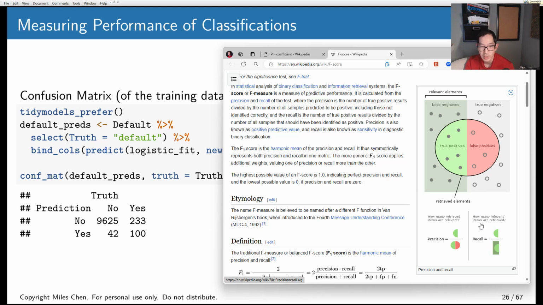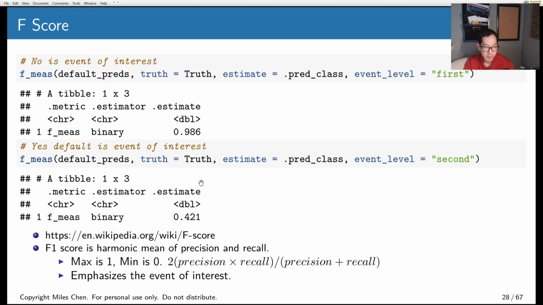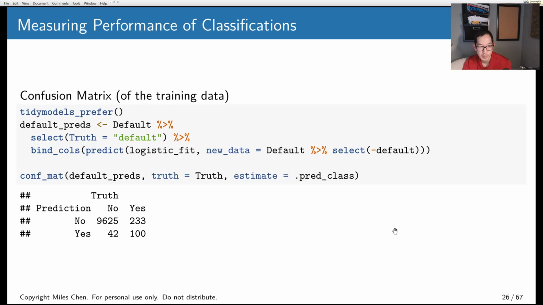That's going to be your recall, okay. And so that gives us your F score, 0.986. Okay, so this is saying correctly identifying the no's is more important. Hey, we did pretty good, okay, because remember, when the truth was a no, we got it right most of the time.